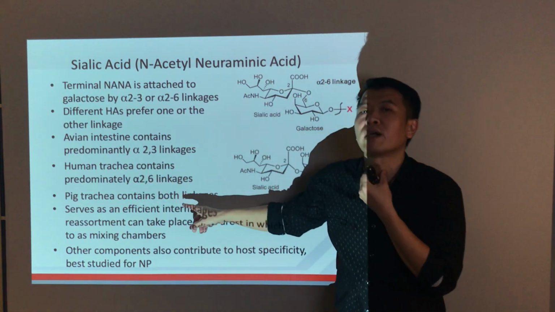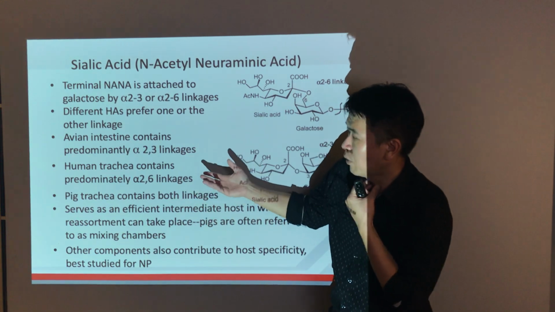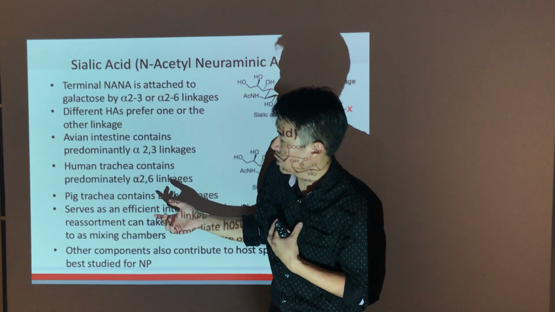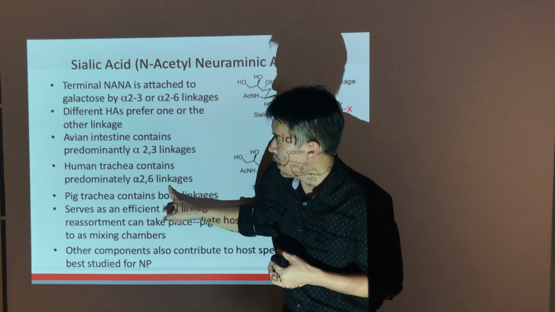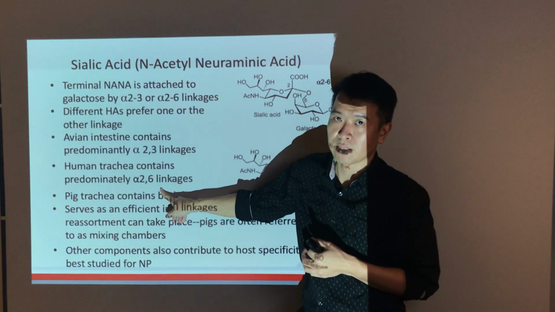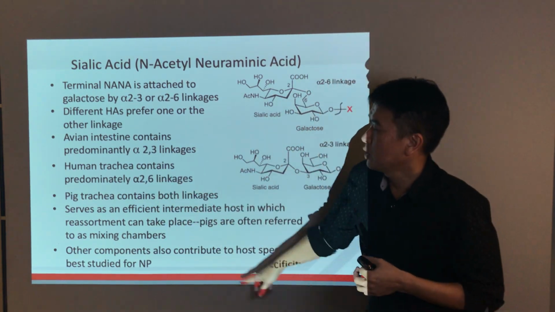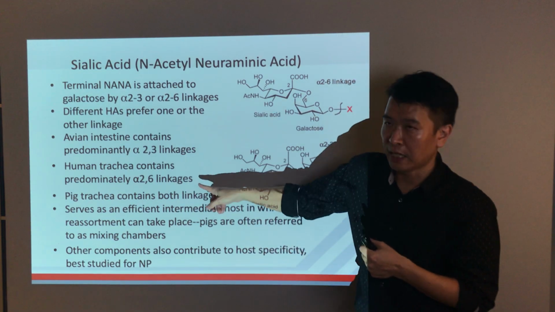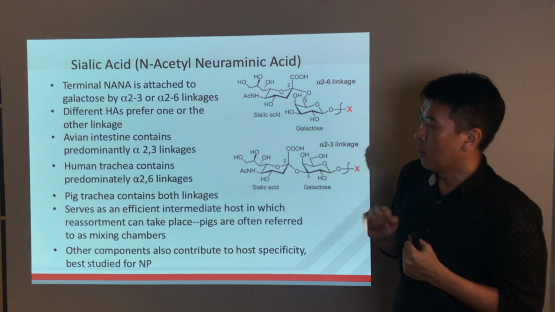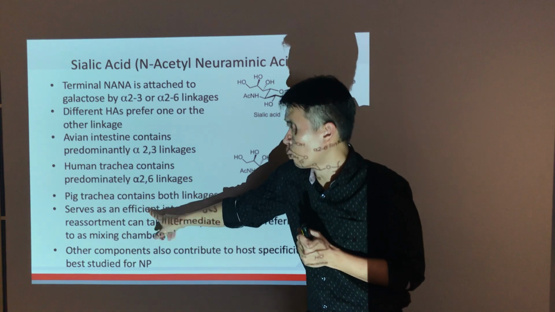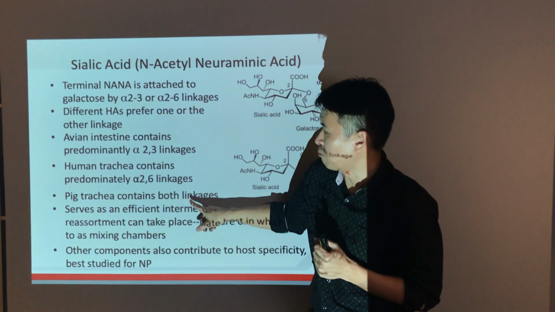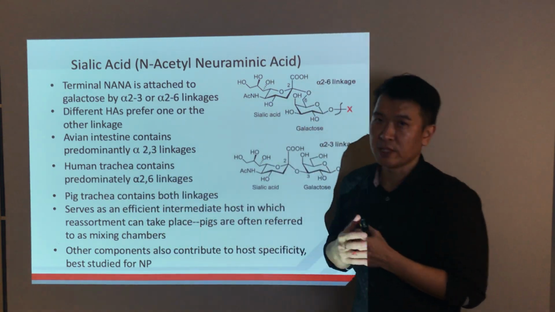Whereas in the human trachea, because it's airborne and in fact the respiratory system, we have predominantly 2,6 linkage. However, for pig or swine, their trachea has both 2,3 and 2,6.